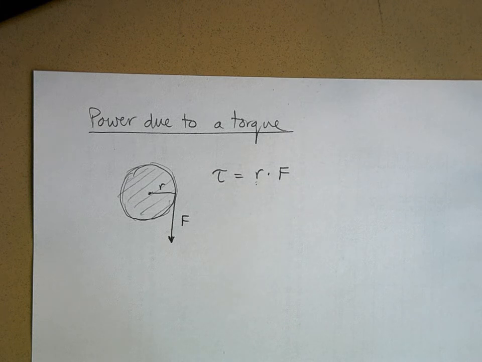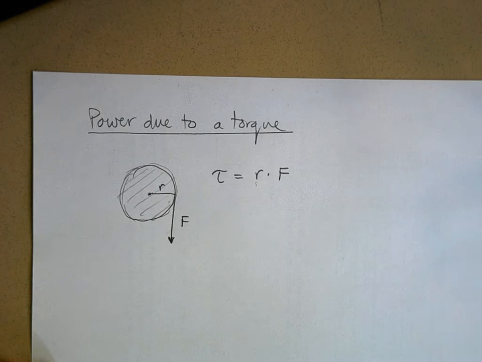There might be if we ever have to build an arm, which there's no arm in this year's game, but if we ever have to build an arm, then we might have to worry about torques where the R and F are not at 90 degrees to each other.